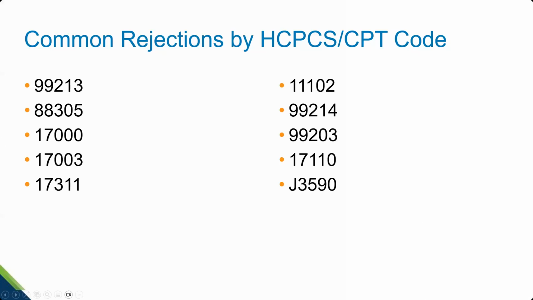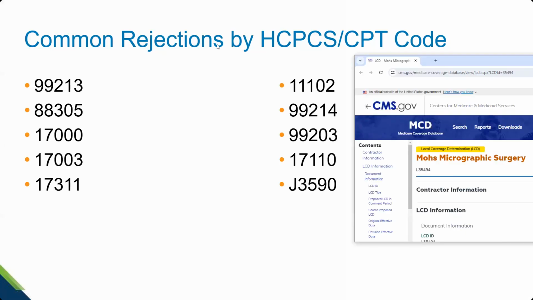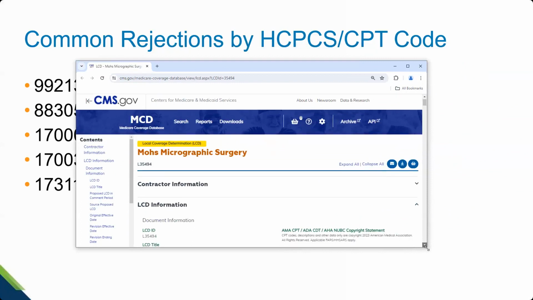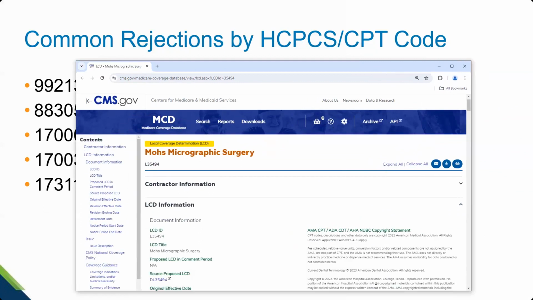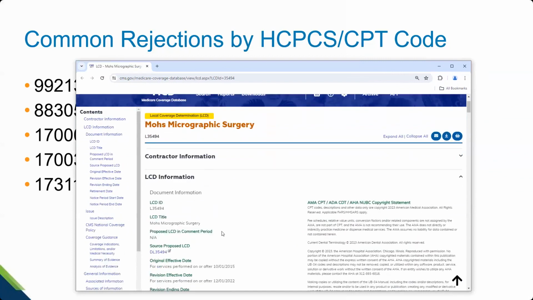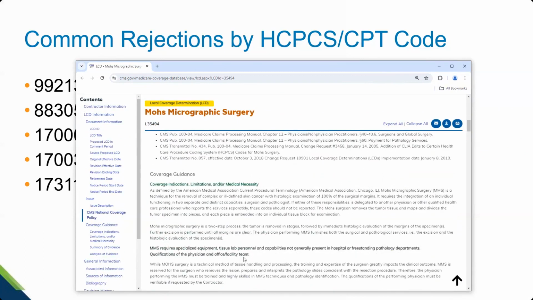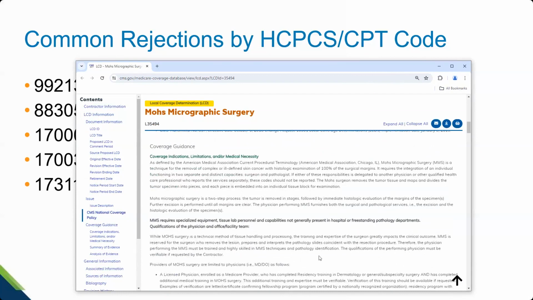I'm going to pull this over for a minute. I know that some of you were interested in some information about Mohs and you had some questions about it. This particular webinar doesn't really go into the policy itself, but some of those rejections that I just talked about can be avoided by looking at the policy. So here's the policy.